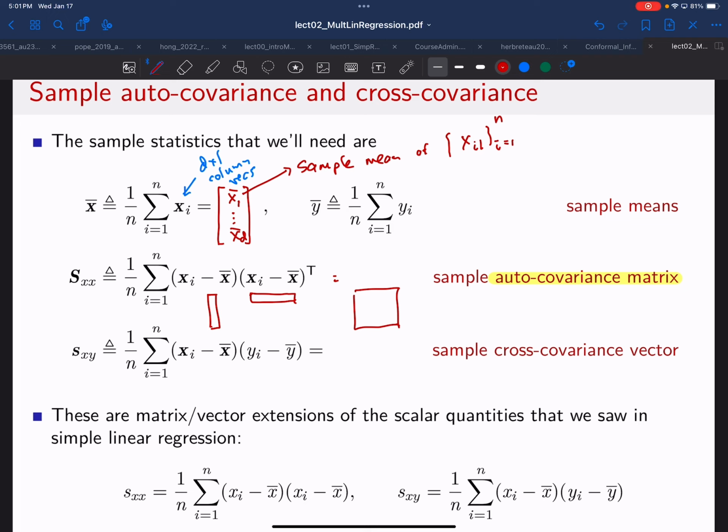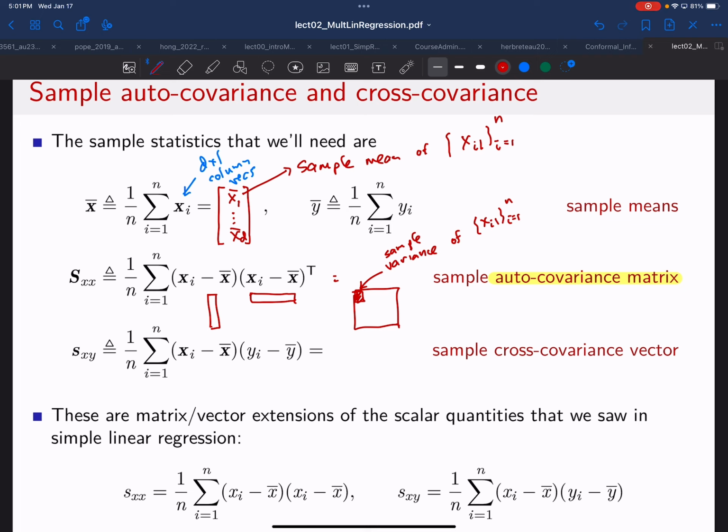When you look at the first element inside that matrix, it will be the sample variance of that same data set, the first feature across all the patients.